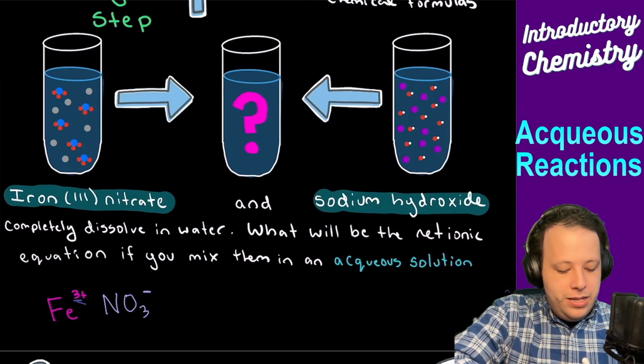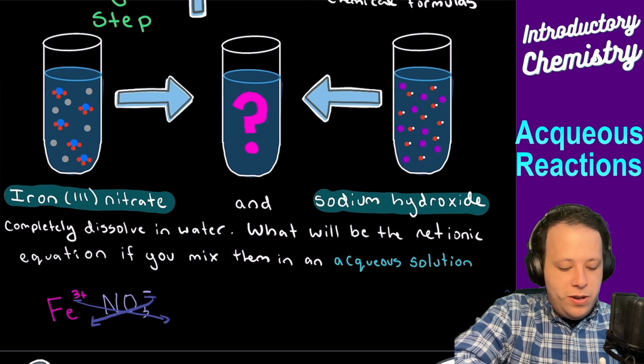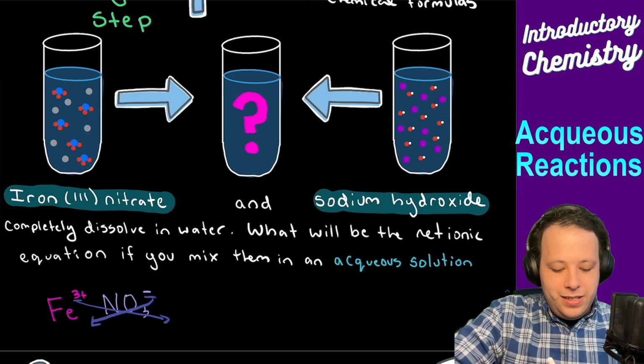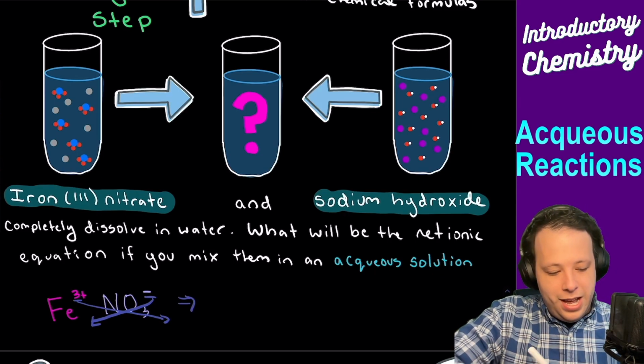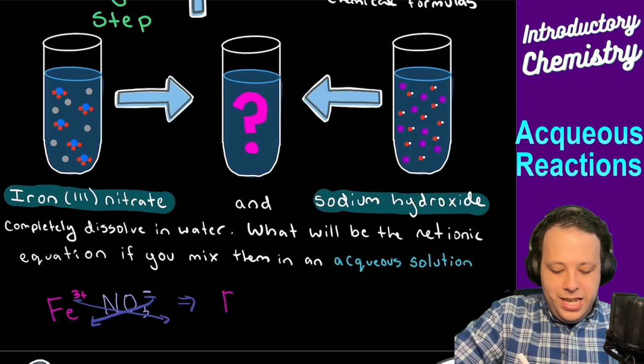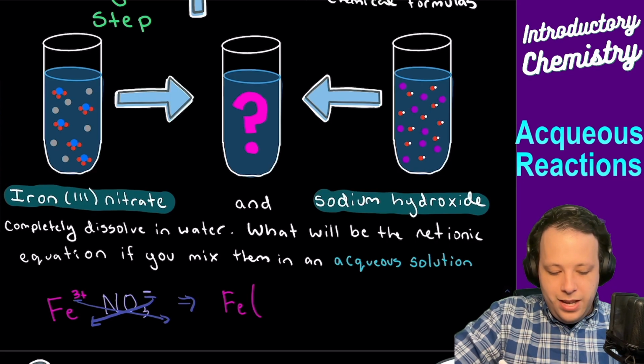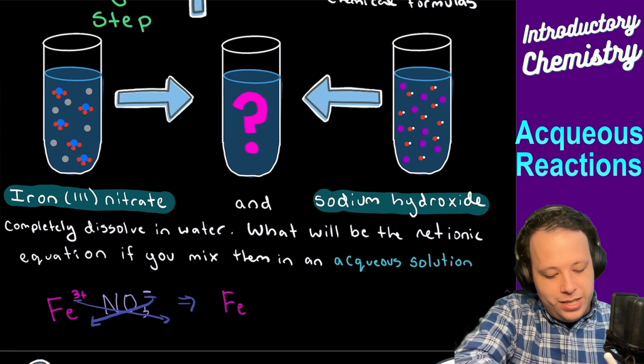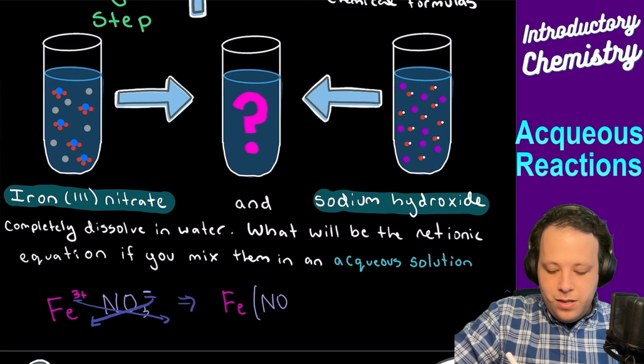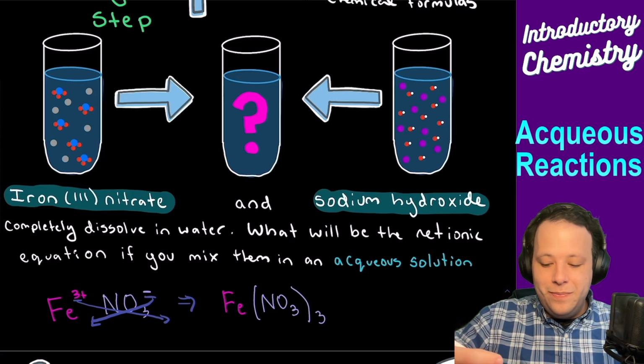So we swap and drop their numerical values. This is going to lead to us having Fe with a nitrate on the other side, with 3 individual nitrates all around iron.